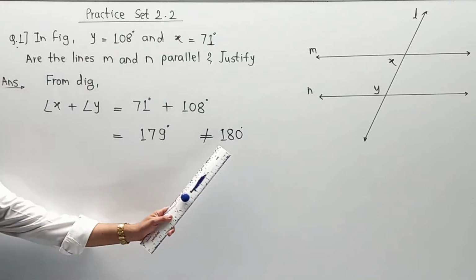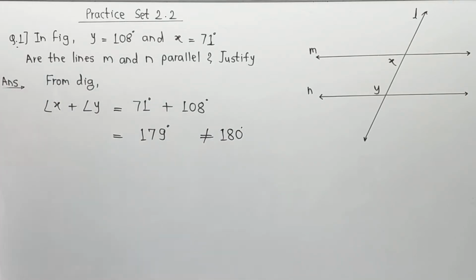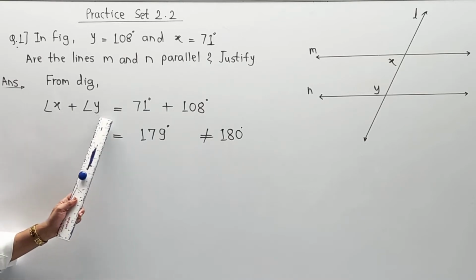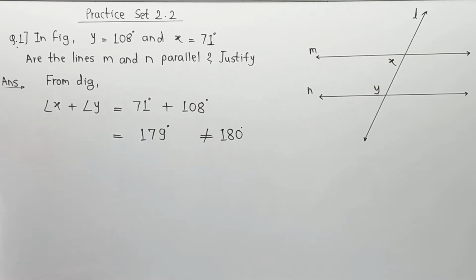Naturally 179 is not equal to 180, which means angle x and angle y do not satisfy the property of interior angle for parallel lines.